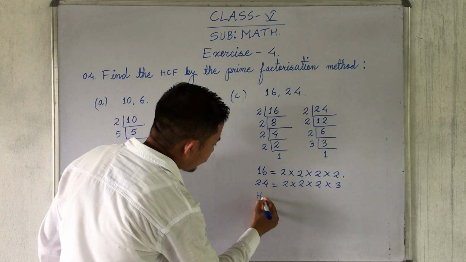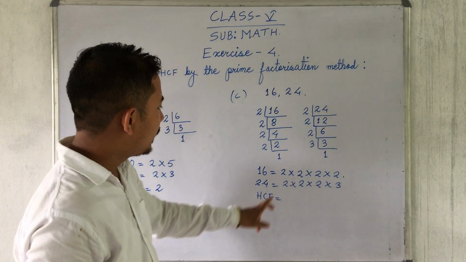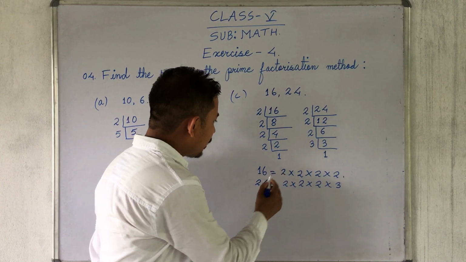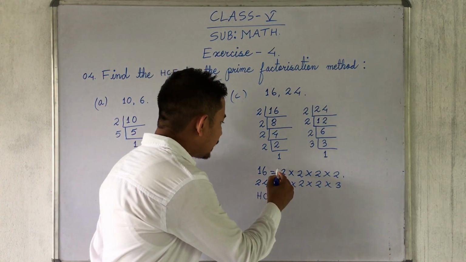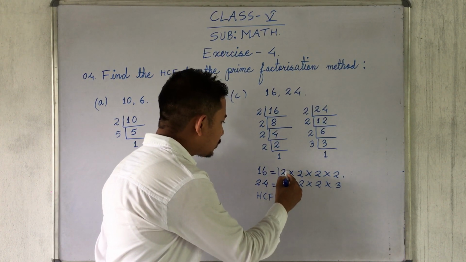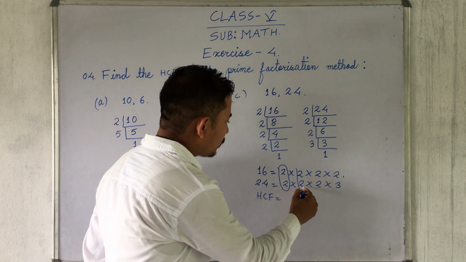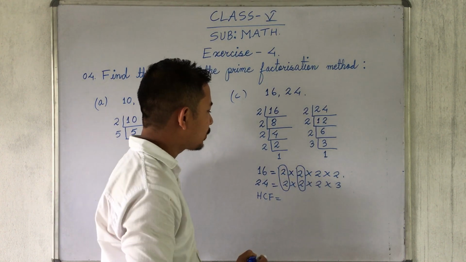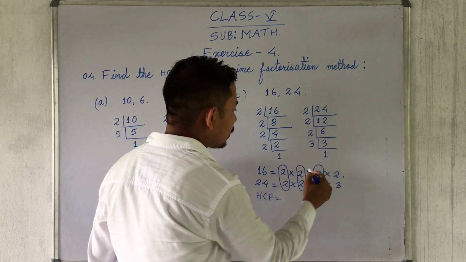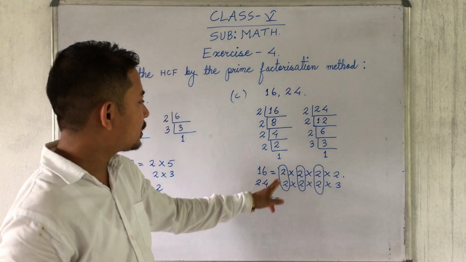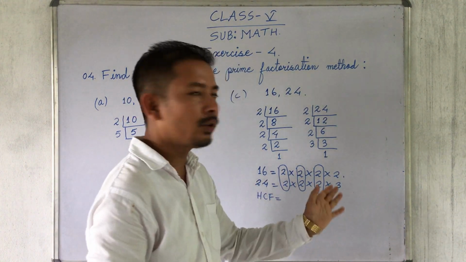Now HCF. Okay, look here. If we see the factors of 16 and 24, this 2 is common, and here also 2 and 2, and this also is common, because this 2 is a factor of both the numbers, 16 and 24.